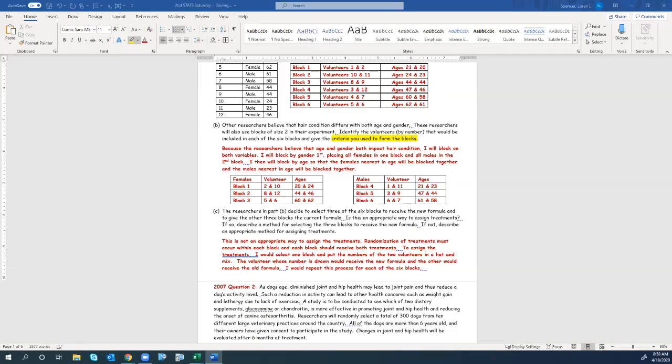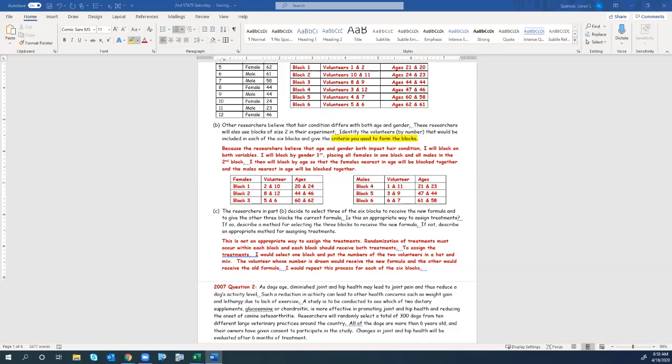You must, within each block, randomly assign the treatments. So the very first thing you're going to say is, no, this is not an appropriate way to assign treatments. But if you just said that, that was an incomplete response. So that got you no credit. So just a no or not an appropriate way is not enough.